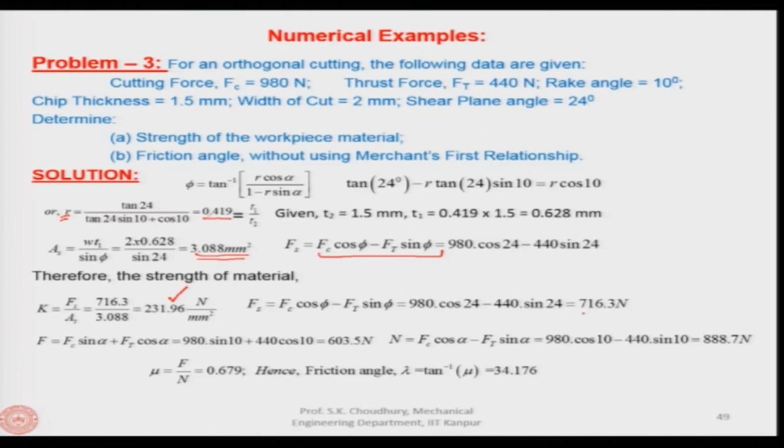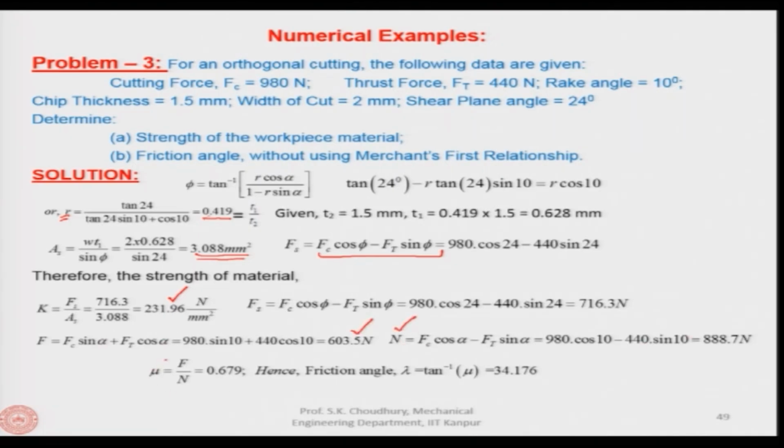Fs we can find out from here. F is equal to Fc sin alpha plus Ft cos alpha. This is directly taken from Merchant's, and all these values are now known. We can find out what is the value of the F, which is the friction force, and the normal force.